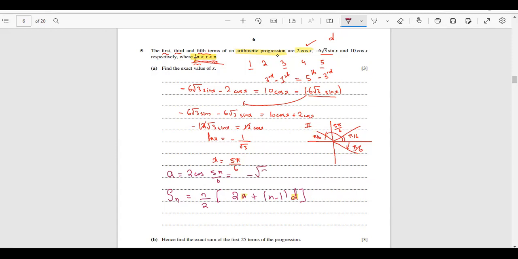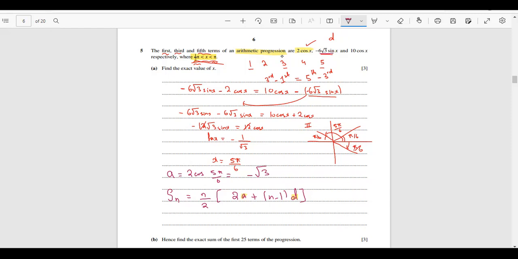It is minus under root 3. Okay, and what would be the next term? Let's find this quickly.